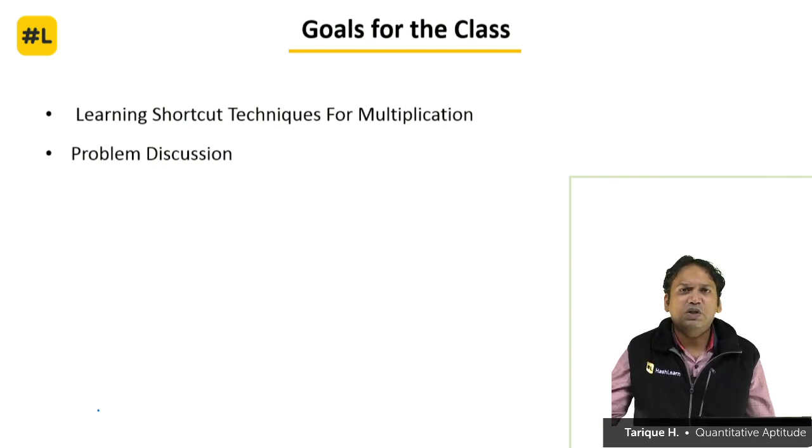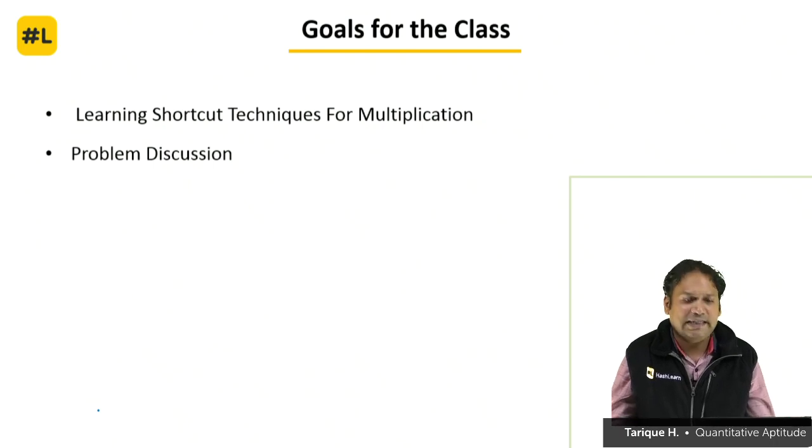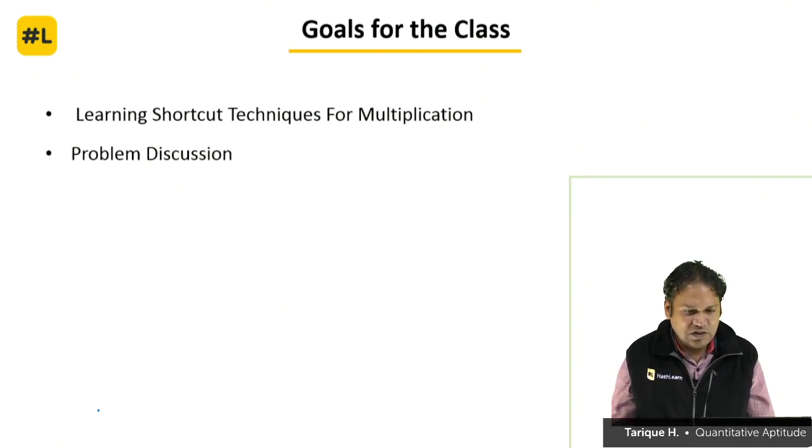So once you learn how to multiply faster, your overall speed improves and you become more confident. We'll learn different shortcut techniques of multiplication and discuss some problems. We'll solve some mathematical expressions using these techniques, and if you take proper notes and understand the concepts, you will become like a human calculator.